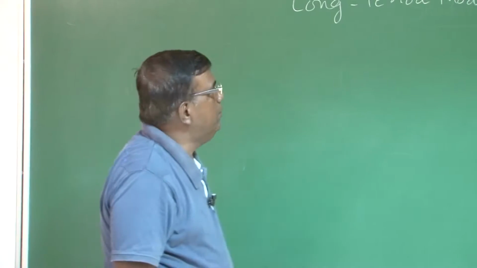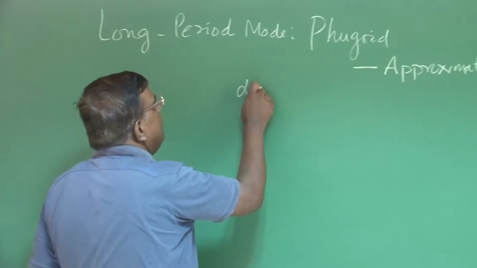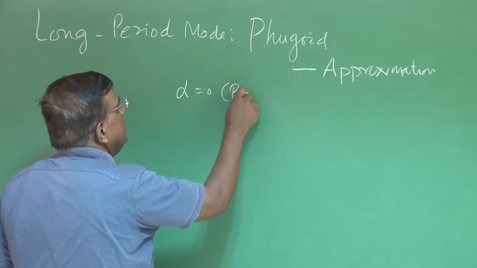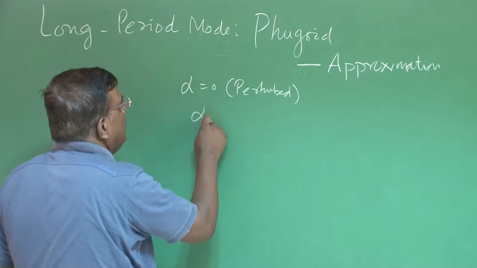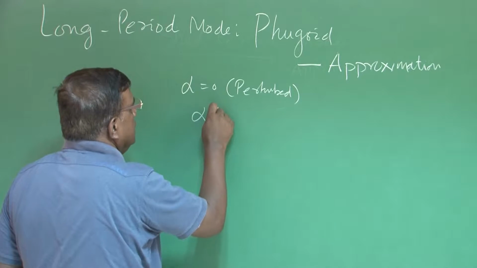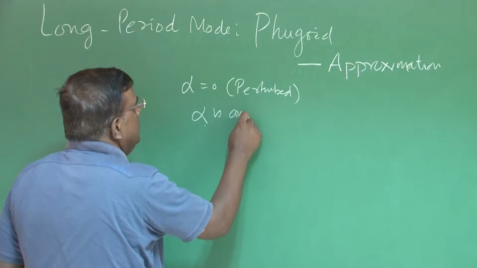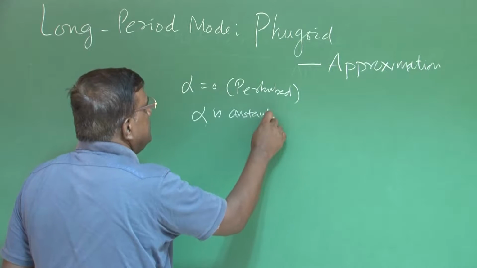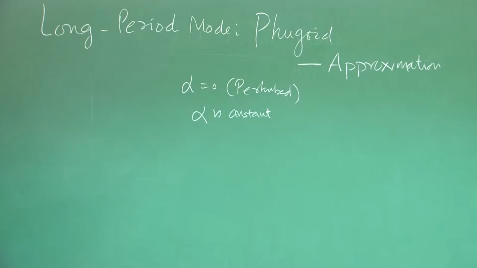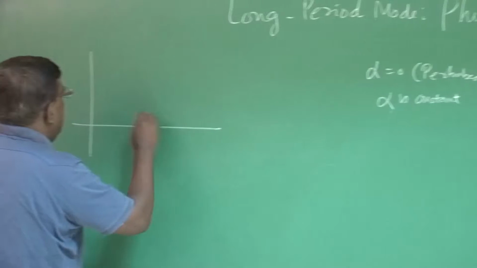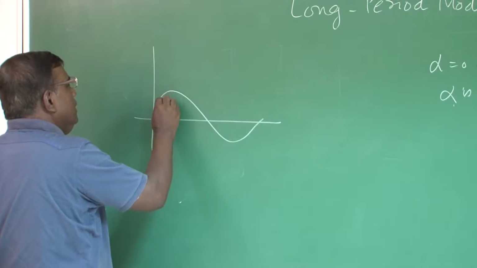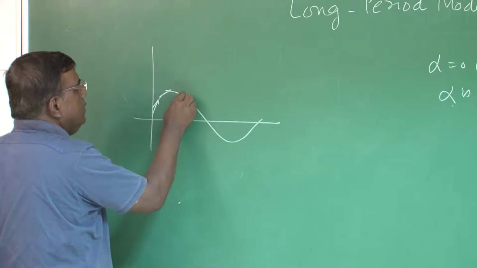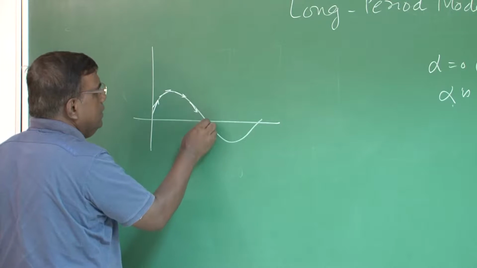So, the moment I talk about perturbed alpha is 0, this is perturbed, right, or I say alpha total is constant, and that is why when I draw it like this, although very approximate, as if the airplane is going like this, there is no change in angle of attack.